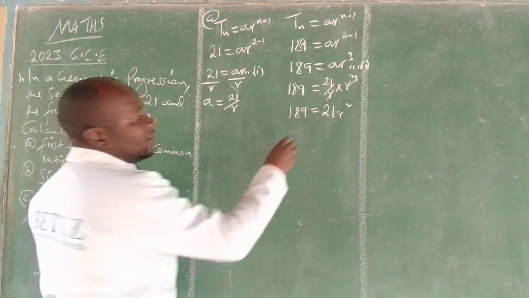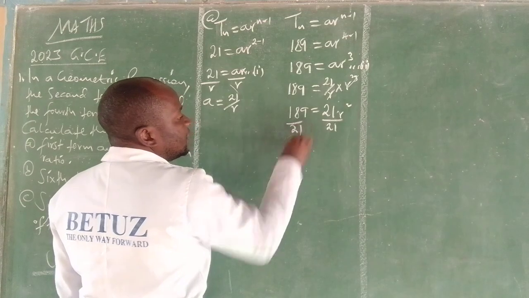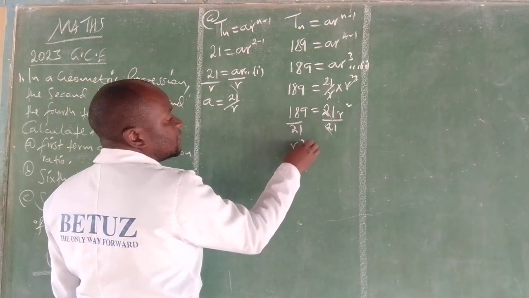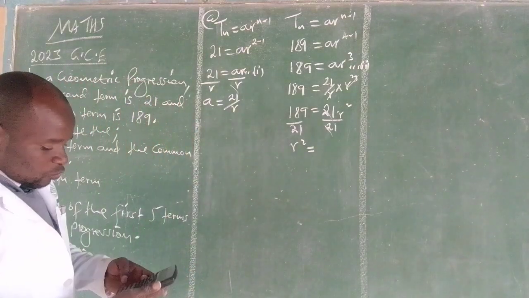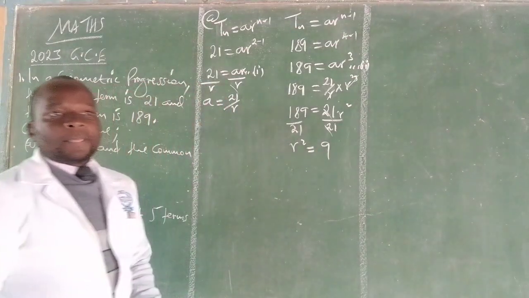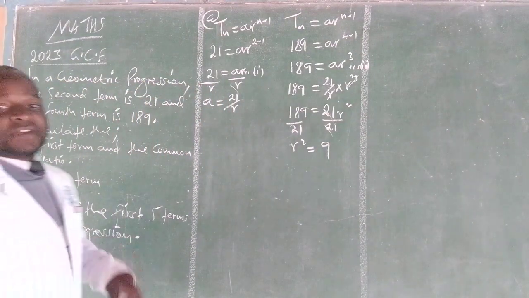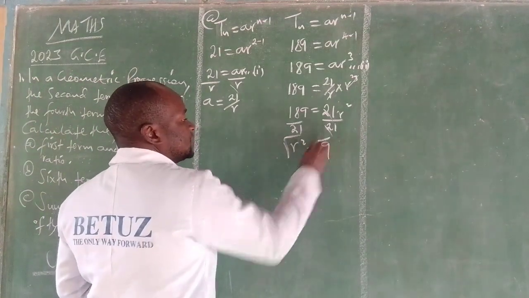To find R, we divide both sides by 21. The 21 and 21 cancel, remaining with R squared is equal to 189 divided by 21, which is 9. Because R is raised to the power 2, we introduce the square root on both sides.